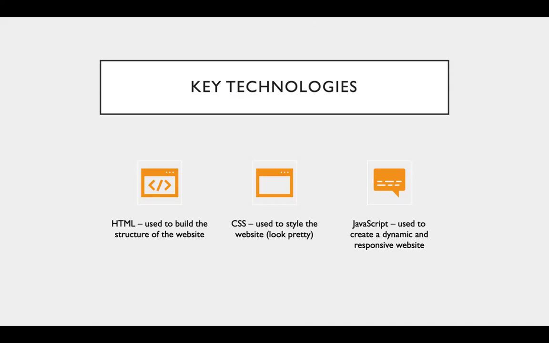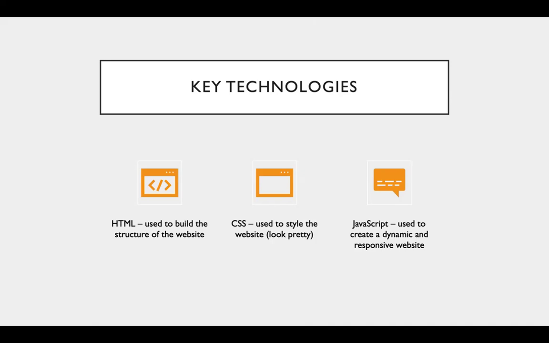After you have all of your content and all of your structure lined up, you will have to use CSS. CSS is how we make the website pretty, how we make it nice to look at. So a very simple thing to remember: HTML to build the structure, CSS to make the structure look pretty.